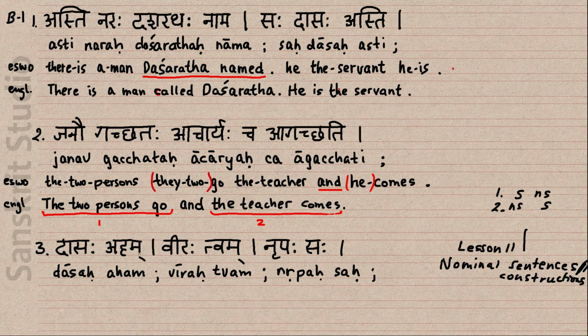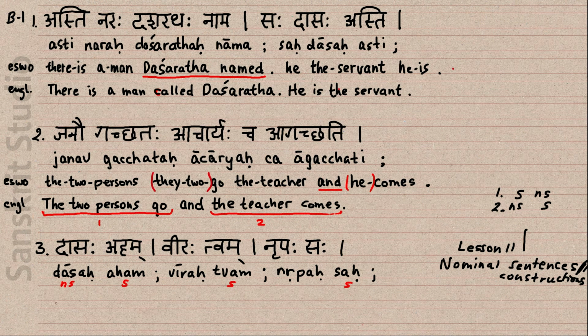So I'm looking here at this as a subject, and that is the non-subject. And similarly here, tvam as a subject and sah as a subject. So that's my guess. That's how I would translate it.